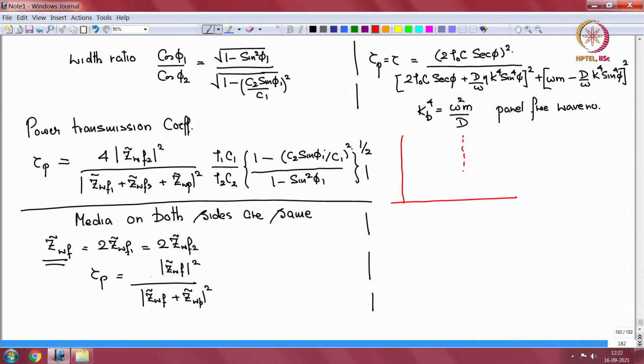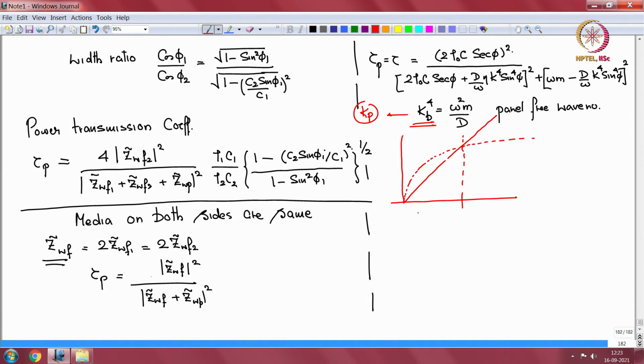So I have my acoustic wave number going this way straight up, and this is the panel free wave number. As I said, I use Kp and Kb interchangeably. We'll stick with Kb for now. So the panel free wave number goes like this.